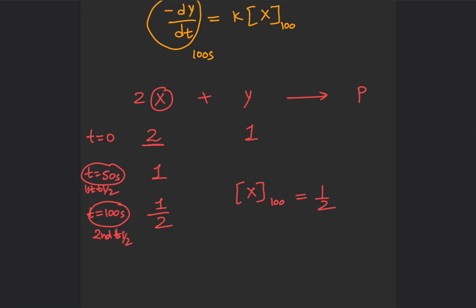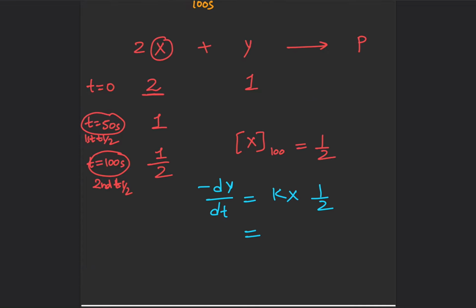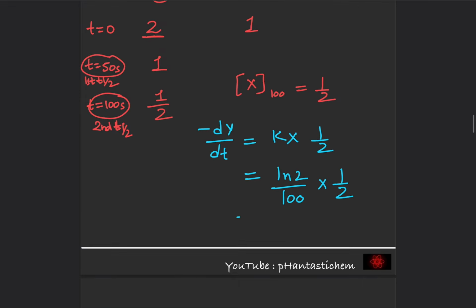So therefore, now we can write that minus dy by dt is equal to k into 1 by 2. And k we already know is equal to ln 2 by 100. So ln 2 by 100 into 1 by 2. So ln 2 is 0.693 by 200.